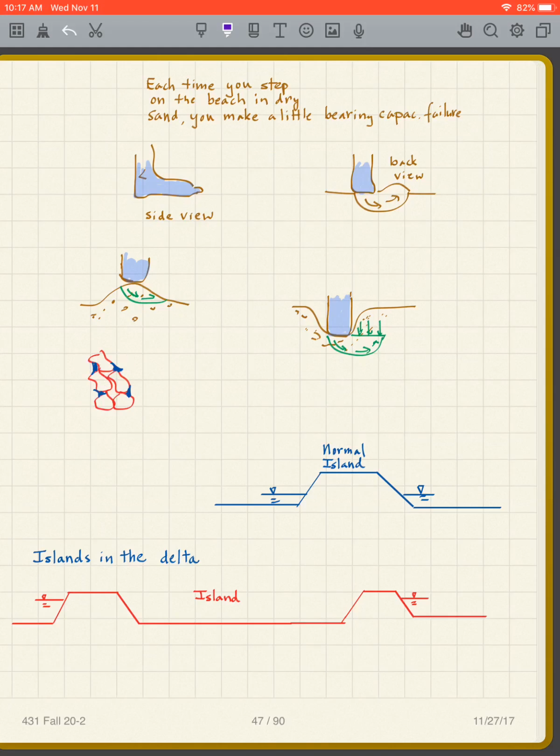And as a result, it makes the sand stronger. So if the sand is stronger because you get that effective stress caused by those capillaries, you don't have these bearing capacity failures all the time. So that's why you walk there.